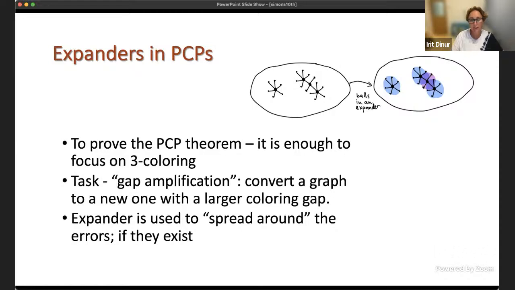And the PCP theorem is equivalent to being able to take this graph and encode it into a new graph, so that if before you just knew that in the yes case the graph is colorable, and in the no case it's not colorable, after the transformation there should be a gap. In the no case, the graph should be not only not colorable, but any coloring must violate at least 1% of the edges.